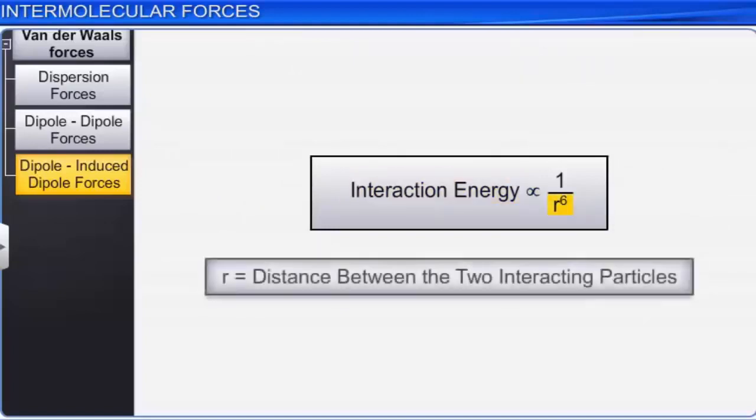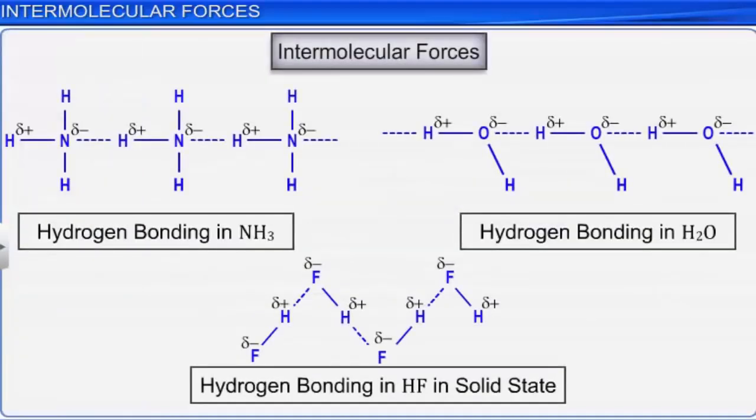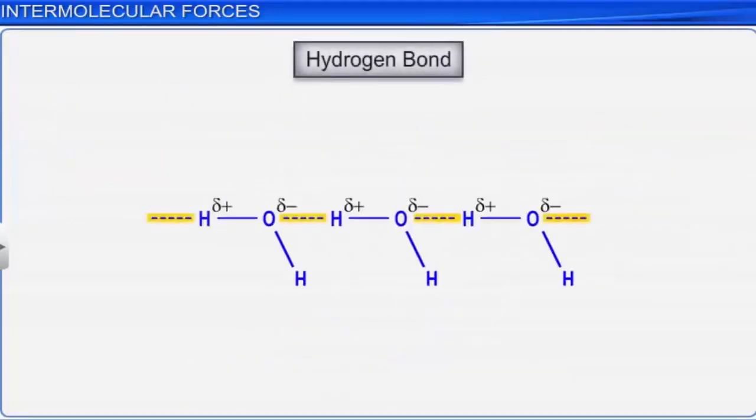A special case of dipole-dipole interaction called hydrogen bond exists in the molecules with highly polar NH, OH or HF bonds. This intermolecular force is stronger than the Van der Waals forces of attraction, having interaction energy of the order of 10 to 100 kilojoules per mole.